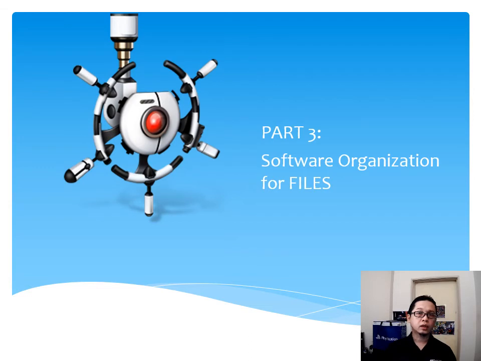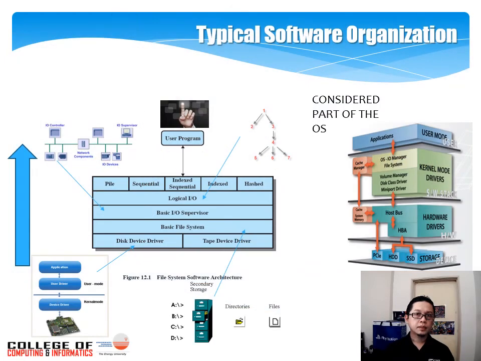So in order to have a proper FMS, the system must have a very delicate software organization for files in the system. Basically, the typical software organization for file management is considered part of the operating system.